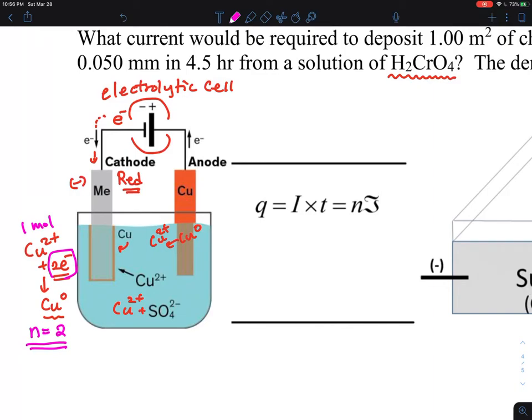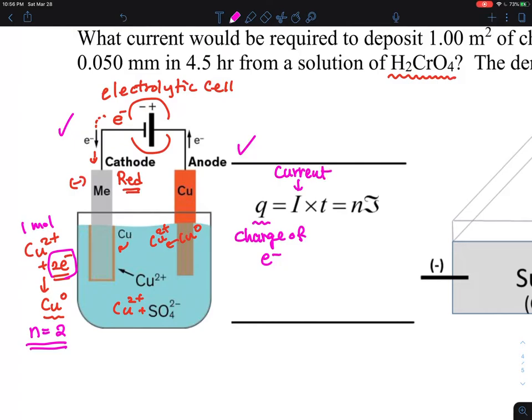The other thing I also found is this exam reference sheet, where Q is a charge, A is a current.